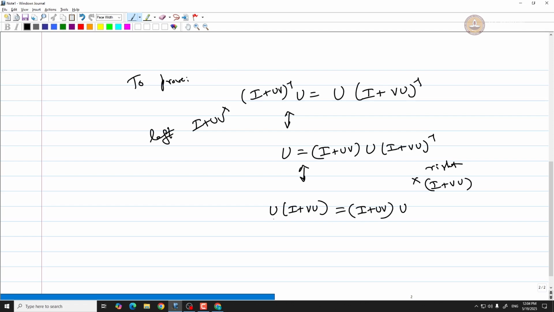Multiplying through, you get u plus uvu on both sides, so this is true. You start with that equality, and if it is true, then the next one has to be true.